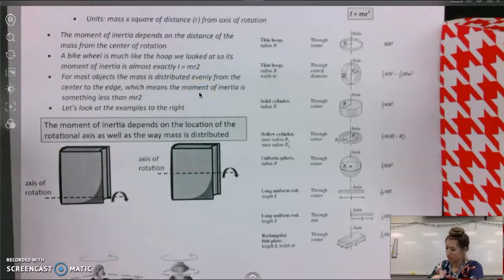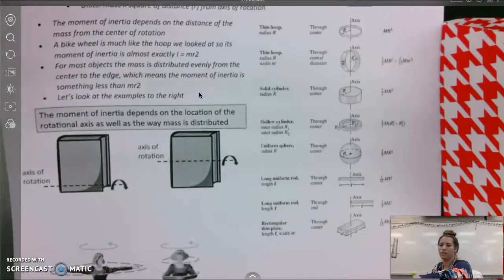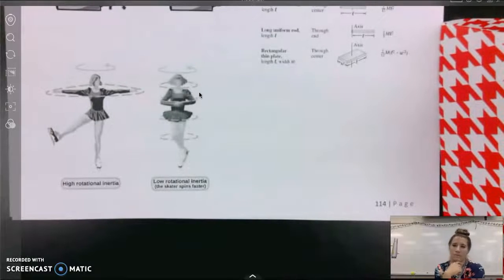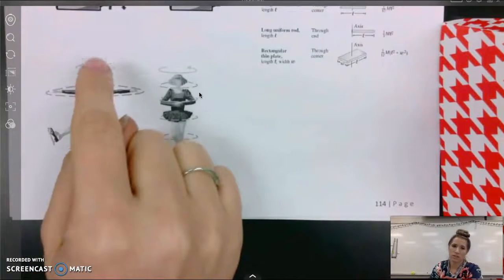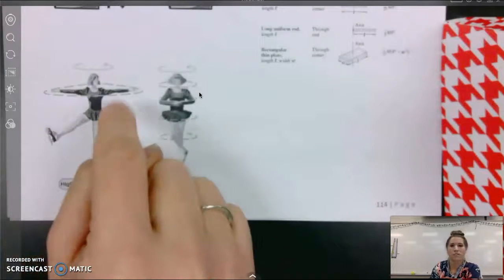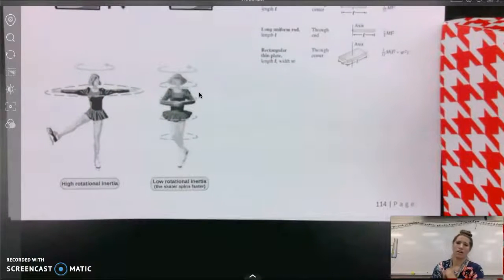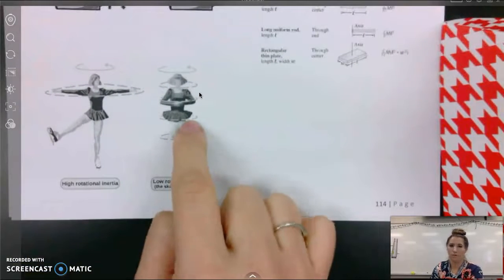We see this pretty clearly with ice skating. If you've ever watched Olympic figure skating, they're out in the middle of the rink and they have their arms out and they're spinning around relatively slowly, and then they bring their arms in and they start spinning much faster.